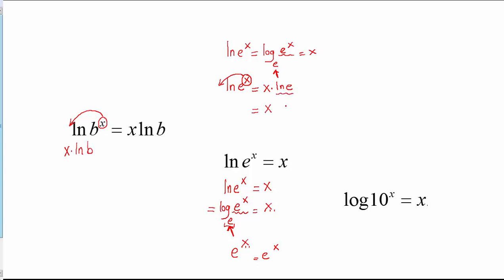Let's see. ln of e is the same thing as log base e of e. So I claim that this quantity is 1, and that will give me an answer x times 1, or x. So why do I claim that log base e of e is just 1?